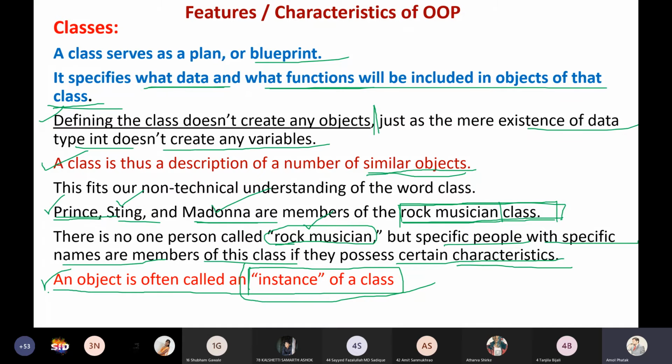When I create the object, whatever data members we have, the memory and all these things will be created only then. That's why we consider it only a plan or a blueprint. It will not exist, it comes into existence only when we create the object of it.